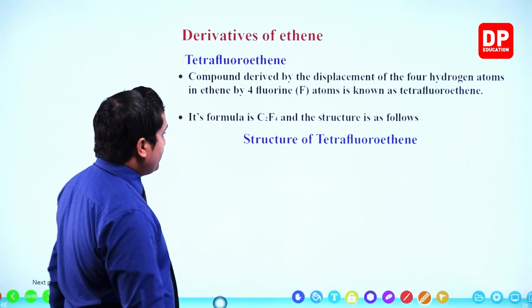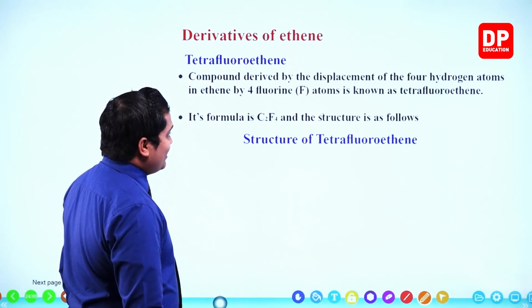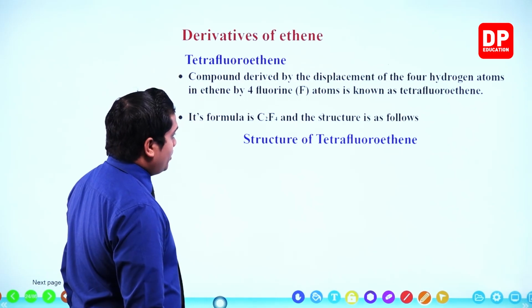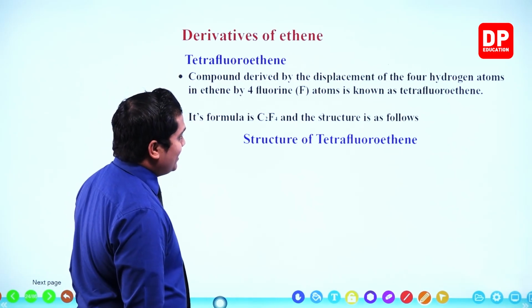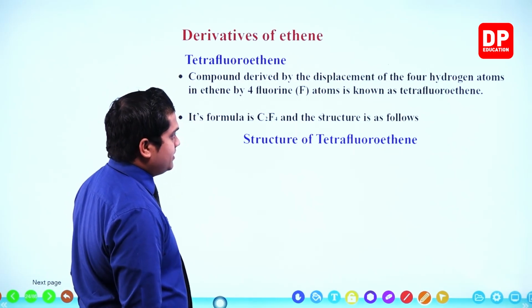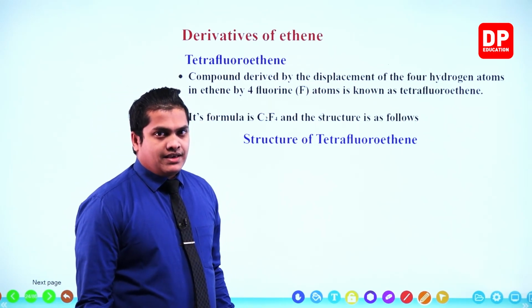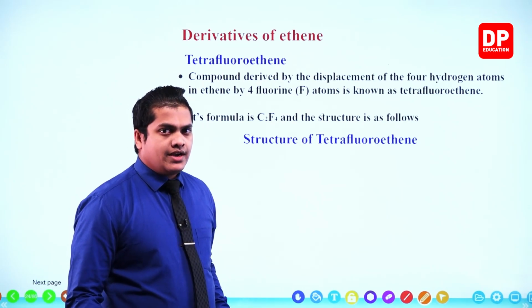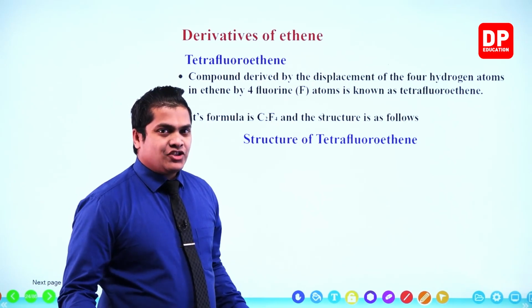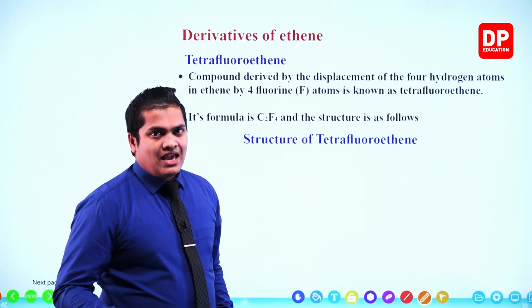The chemical formula, or the molecular formula, is C2F4 and the structure is as follows. Very simple, my dear children. You just need to displace the hydrogen atoms with fluorine atoms. So instead of H, the symbol F comes.